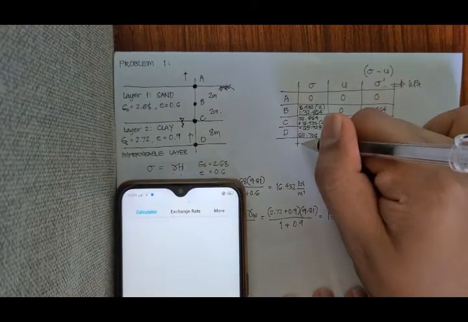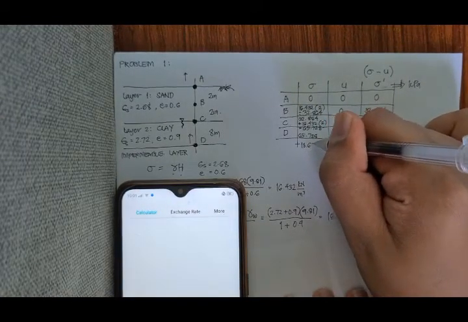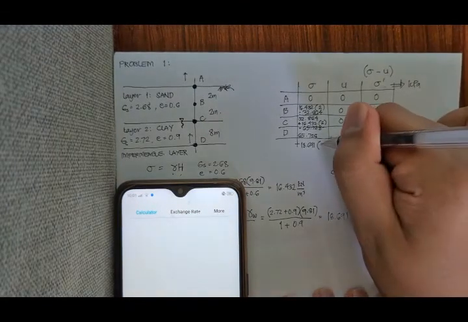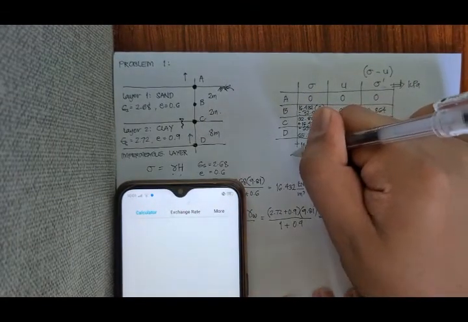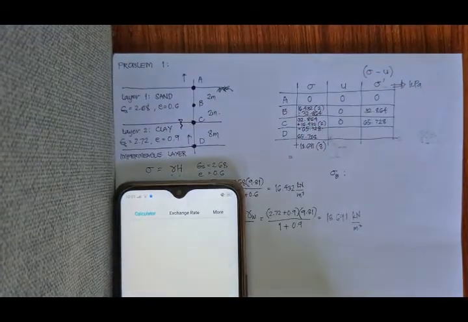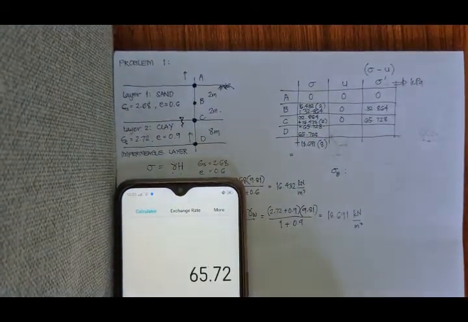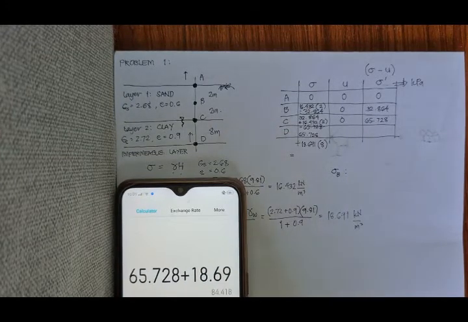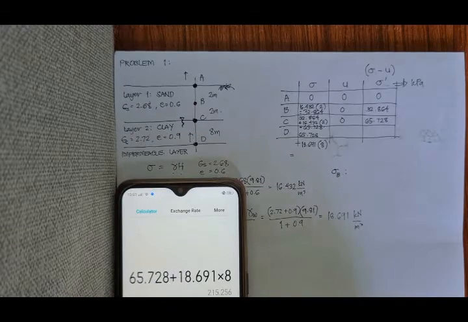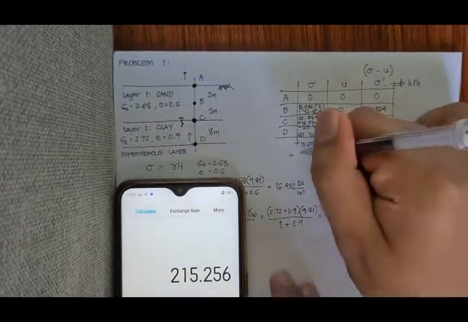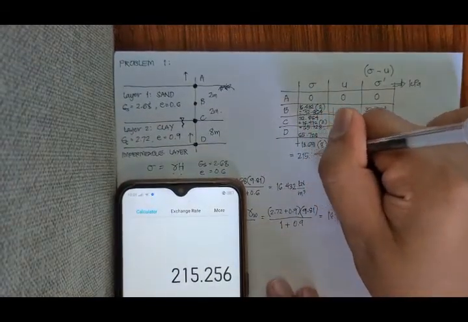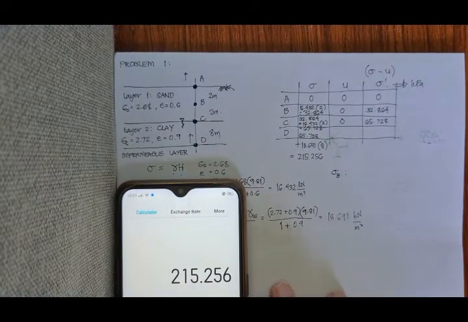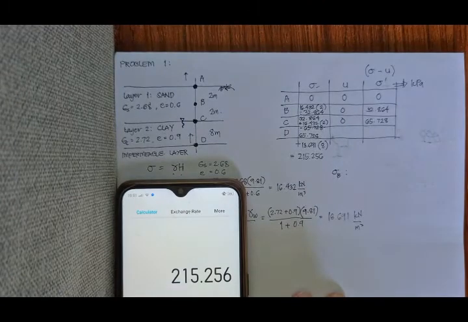So, therefore, this is equal to 18.691 multiplied by 8. So, at point D, meron tayong 65.728 plus 18.691 times 8. Meron tayong 215.256 kilopascal at point D for total stress.